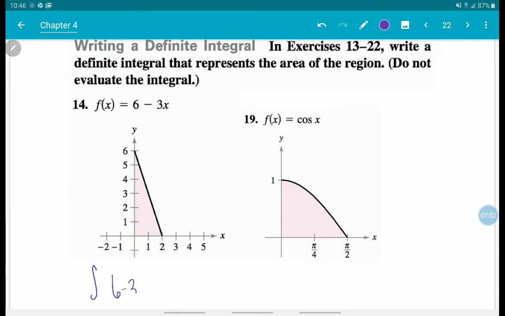So that's what we're integrating, and we are integrating with respect to x. So if we look at those limits of integration, in this case, we're going from 0 to 2. So there's our setup.